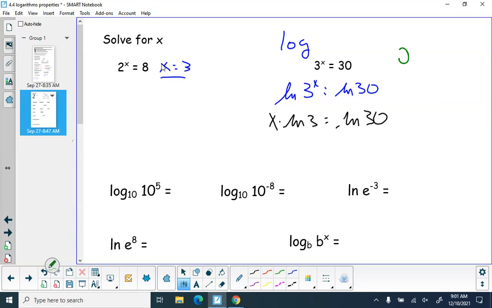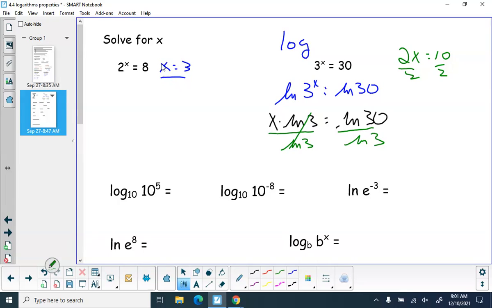If I had 2x is equal to 10, how would you solve that? So I have x times the ln of 3 is equal to ln of 30. What can we do? Not just 3. No, ln of 3. So we can take the ln of 30 and divide by the ln of 3.